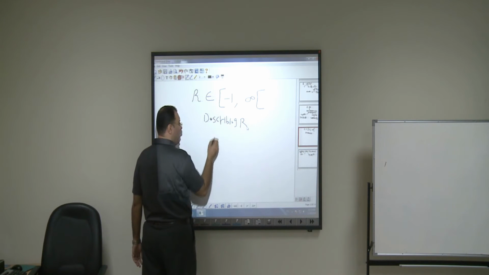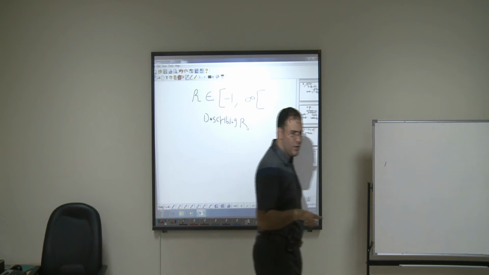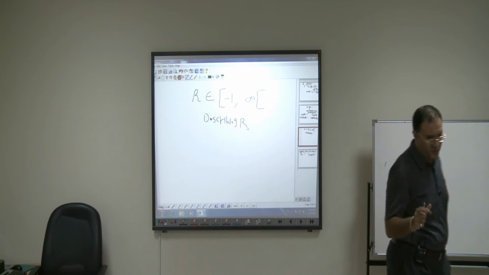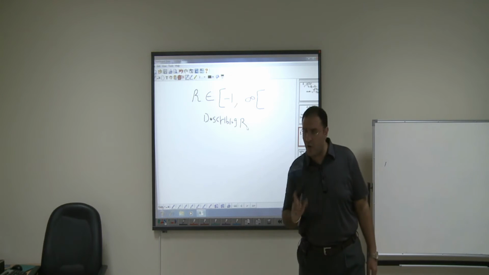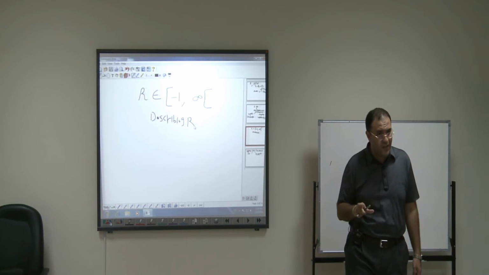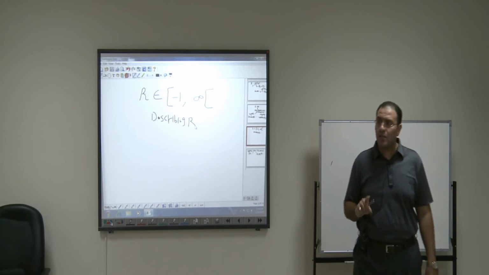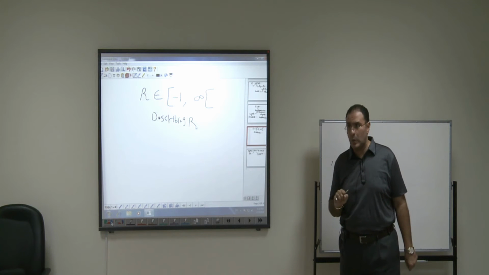Our description of R is going to be probabilistic. Why? Because R is a random variable.